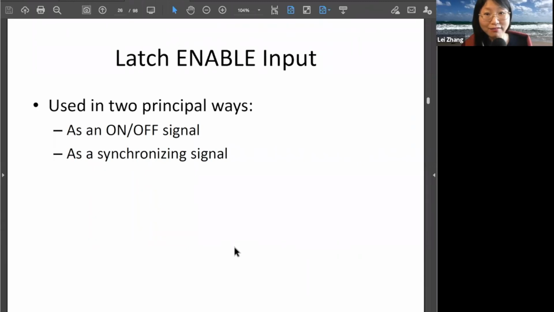Let's say you have 32-bit or 16-bit or 8-bit. You want them to be enabled at the same time. That's when we use the synchronizing signal to enable them at the same time, to let the signal pass through the input and be latched into the latch memory.